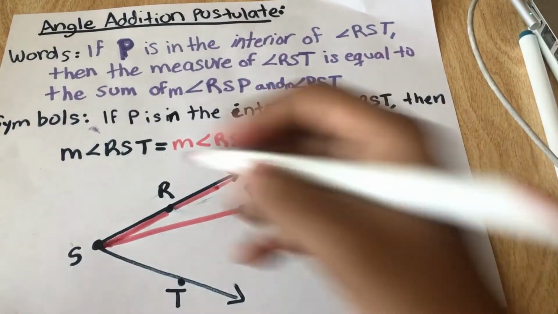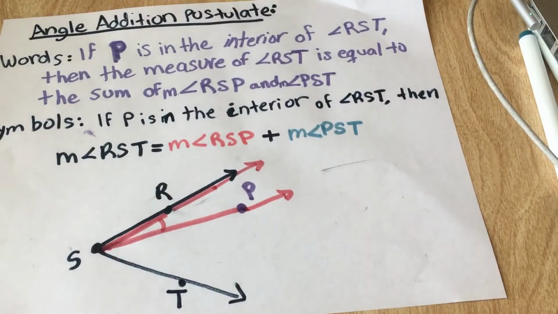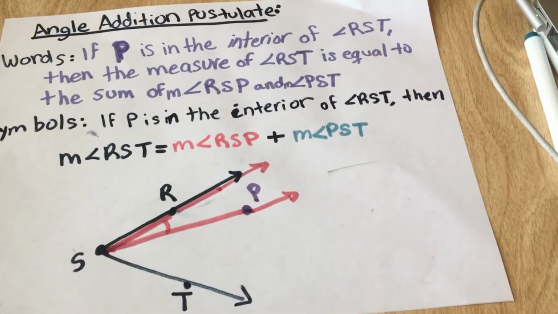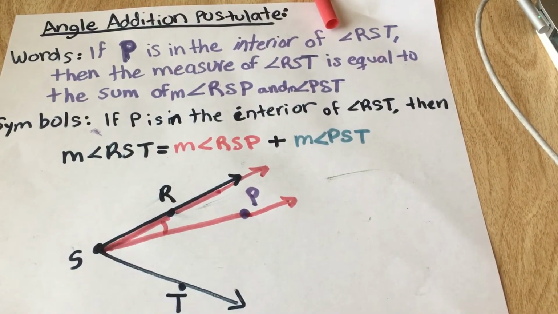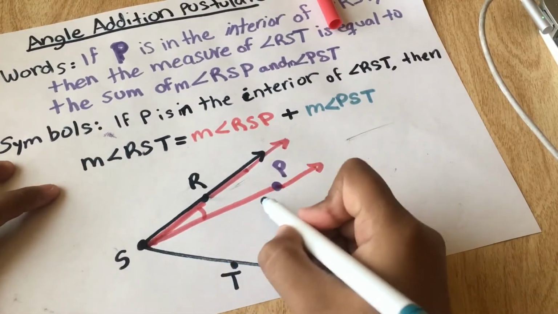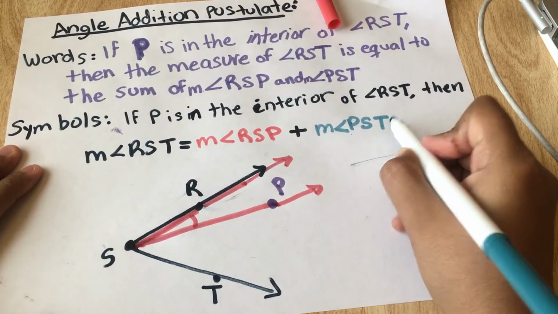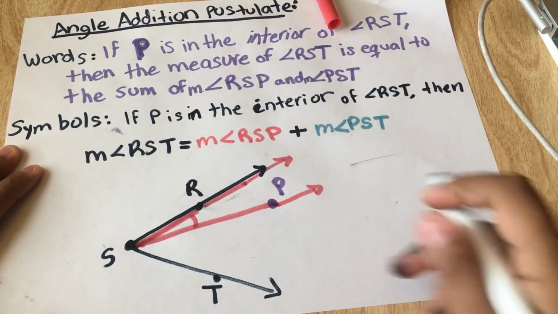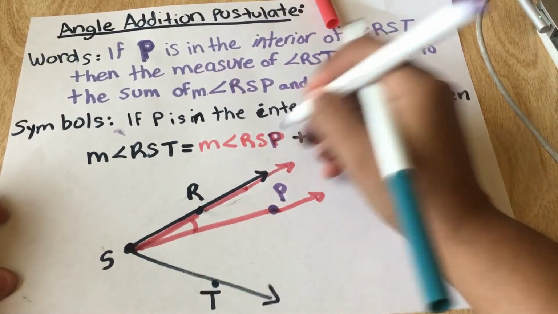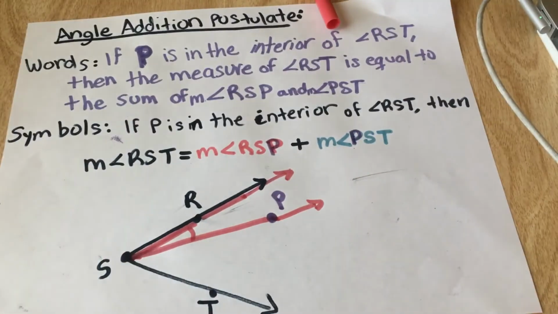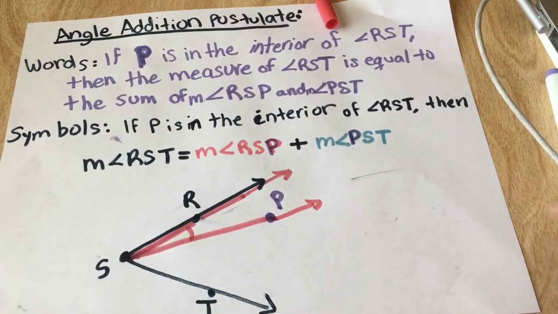So it's measure. That represents the measure. And if we add the measure of RSP with the measure of angle PST, they're both sharing the same P that we're talking about, this point in the interior of the larger angle RST.